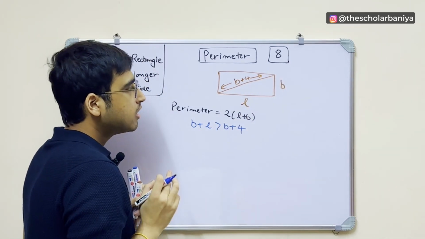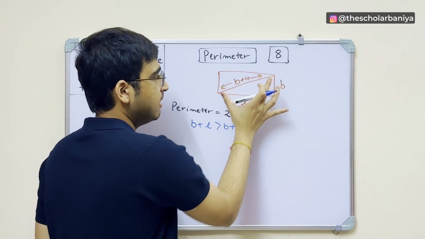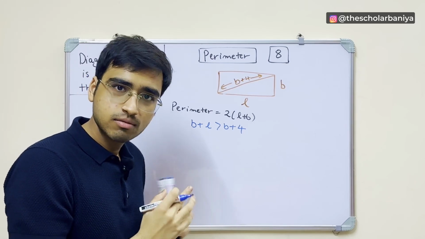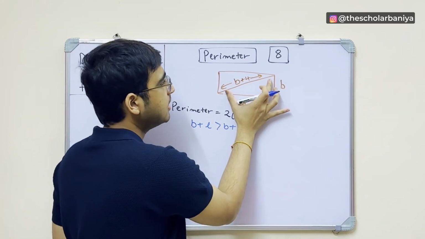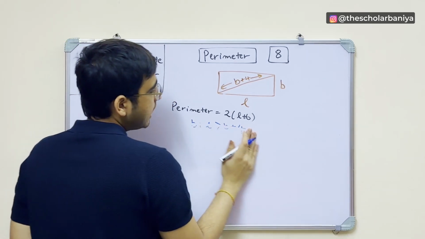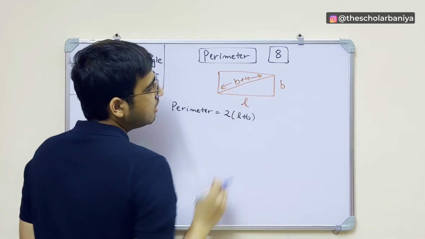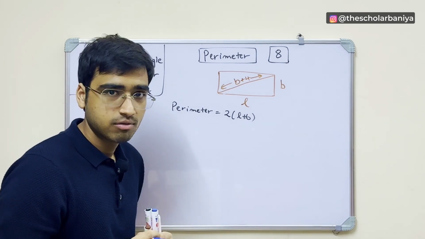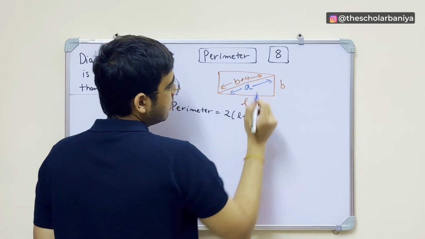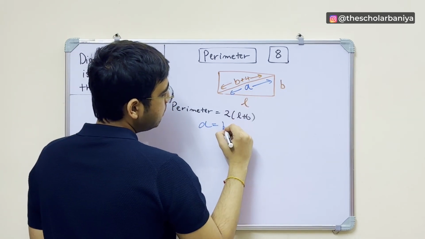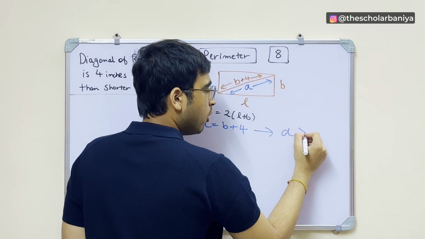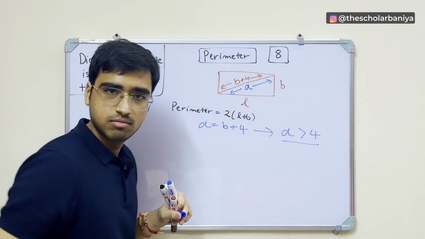So that means this side, which is the diagonal, will always be greater than 4, right?